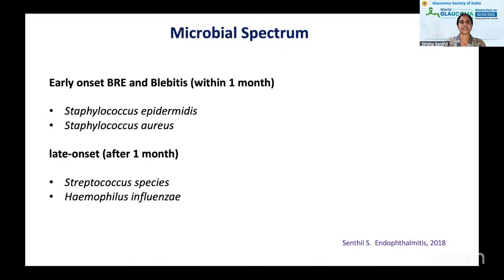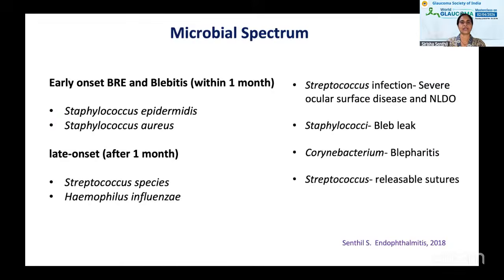Commonest organisms that cause blebitis or bleb-related endophthalmitis: you can possibly divide them into early and late. Early ones, like we discussed, commonly occur in the presence of a lid infection or a sac infection. Late onset can be because of Streptococcus species or Haemophilus influenzae. So we need to remember that the surface has to be treated before we take any patient up for a trabeculectomy.